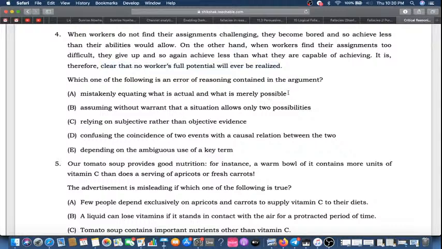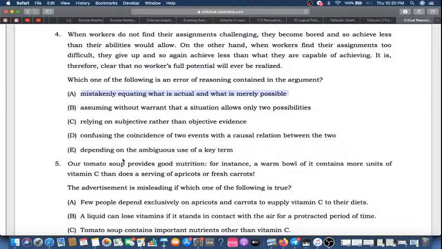So now somebody says A. Let me go through A. Mistakenly equating what is actual and what is merely possible. What does this mean? Is that what is happening in the paragraph? In the paragraph, it is given as fact almost that when workers do not find their assignments challenging, they become bored and so achieve less than their abilities would allow. On the other hand, when workers find their assignments too difficult, they give up and again achieve less than they are capable of achieving, and therefore no worker will ever achieve the potential.